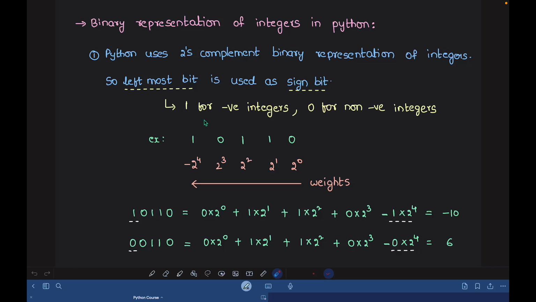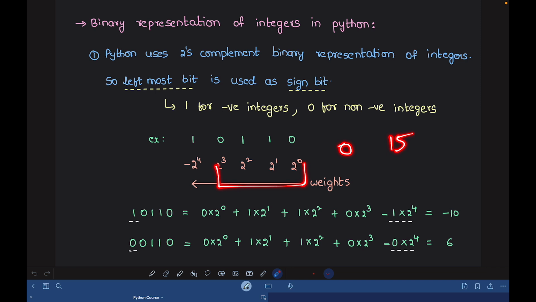Now, if you keep this leftmost bit aside for a while and look only at these 4 positive positions, what is the maximum number possible? It is when all these positions have ones, right? Then if you add these weights, it will be 2 cube plus 2 power 2 plus 2 power 1 plus 2 power 0, which is 15. And the minimum will be when all these are zeros, which gives 0. So these 4 positive positions give values from 0 to 15.